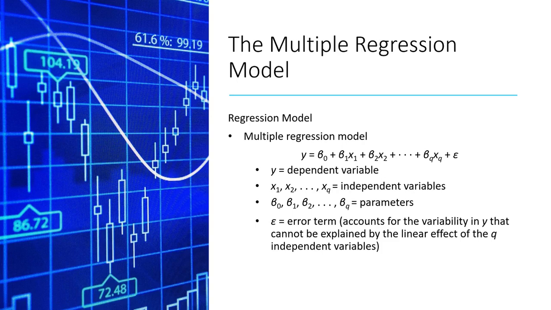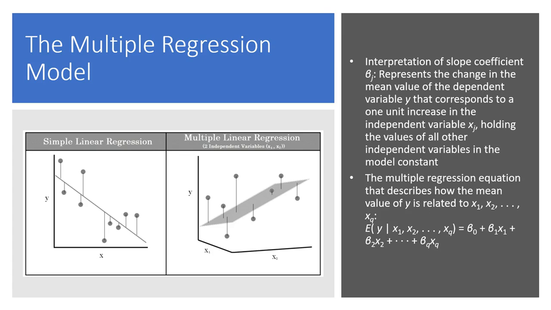plus our error value, where y is our dependent variable, x1, x2, and however many we have will be our independent predictor variables, and our beta weights are our population parameters, with e being our error term, talking about the random variability in y that cannot be explained through the linear effect of however many independent variables we have.